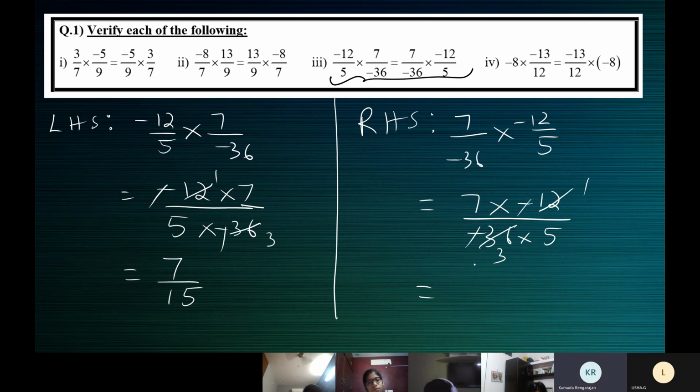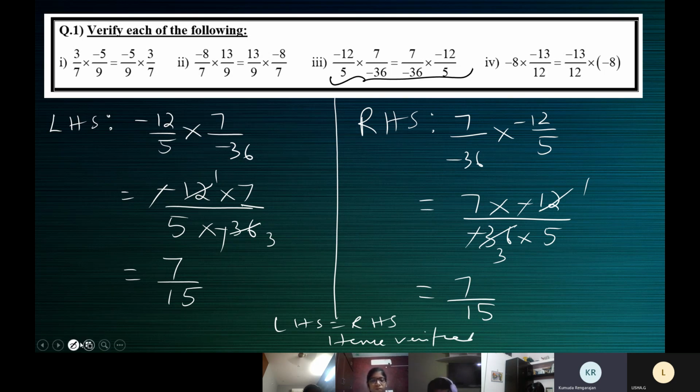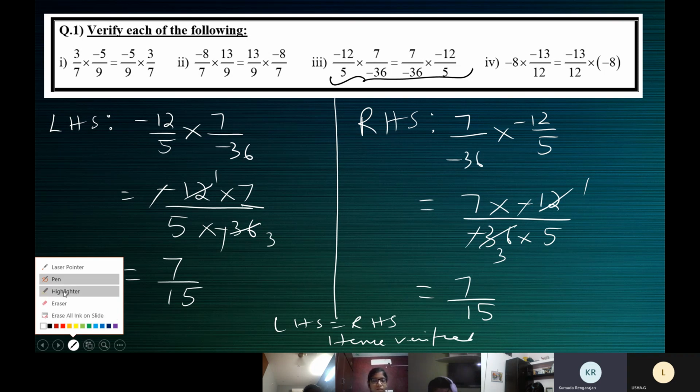Minus and minus get cancelled. So 7 by 3 fives are 15. So you can say LHS is equal to RHS, hence verified. Or you can just put a therefore and write the given statement itself.